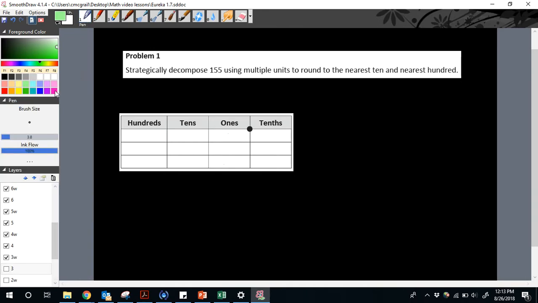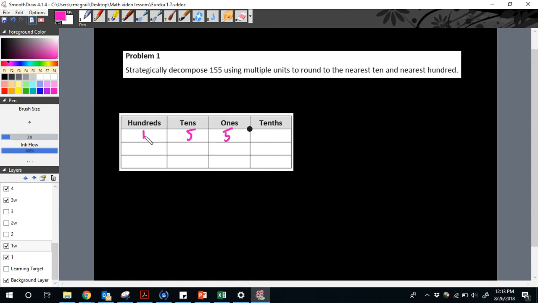So we're going to look at the different ways that we can decompose 155. I'm going to fill in 155 in my chart. I know that 155 has 100, 5 tens, and 5 ones. I also know that I can decompose it in a different way.